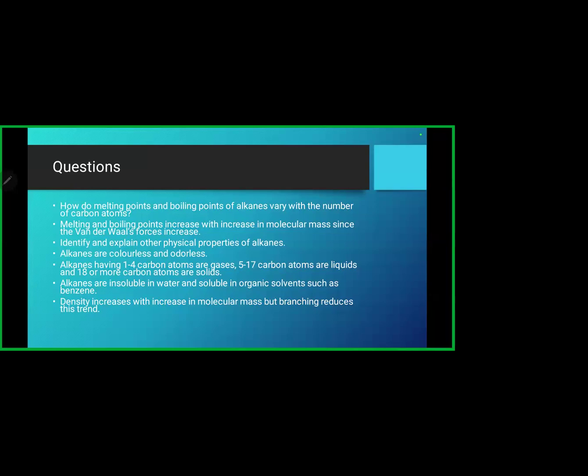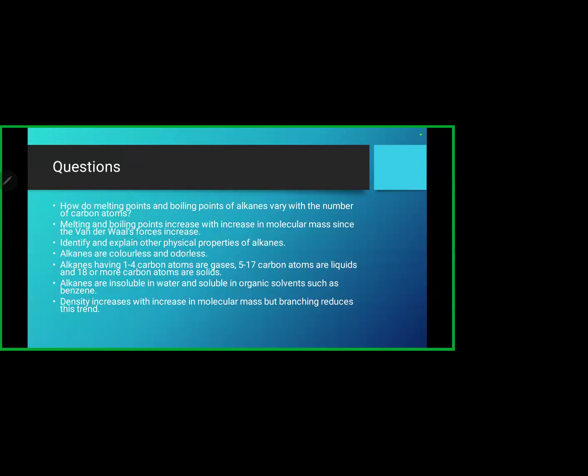Can someone remind us the names of those alkanes, the ones that have one carbon atom, 2 carbon atoms, 3 carbon atoms, and 4 carbon atoms? Meth, eth, prop, and but. Okay, can you correct that?